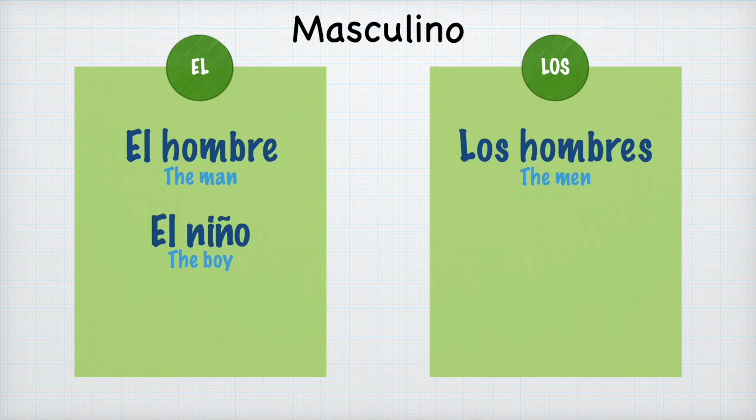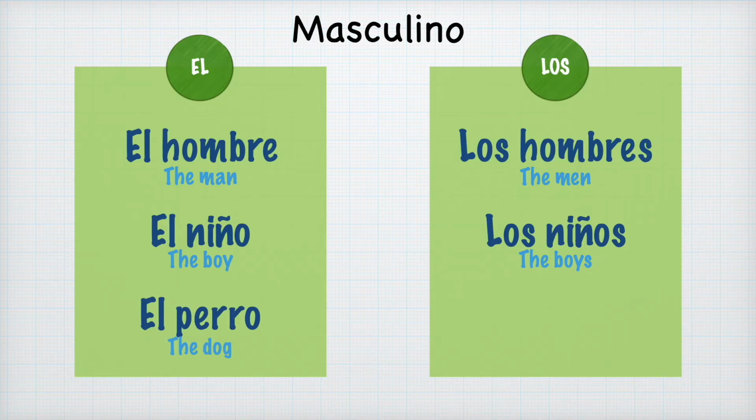El niño, los niños, the boy and the boys. El perro, los perros, the dog and the dogs.